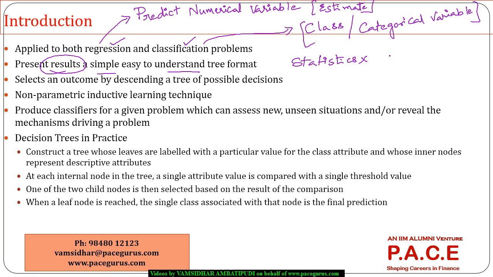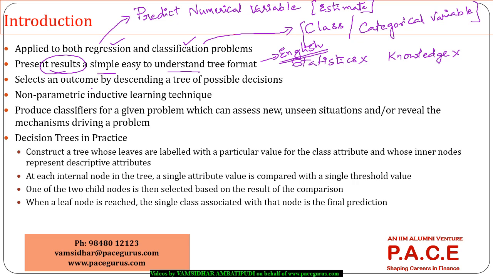I don't need any knowledge of statistics to understand and interpret decision trees. Generally the output of decision trees is presented in pure English form. Any person who has a logical way of understanding a decision tree can present the results of the tree in simple, easy to understand English.